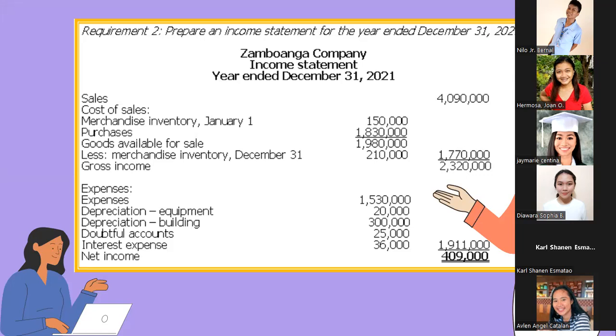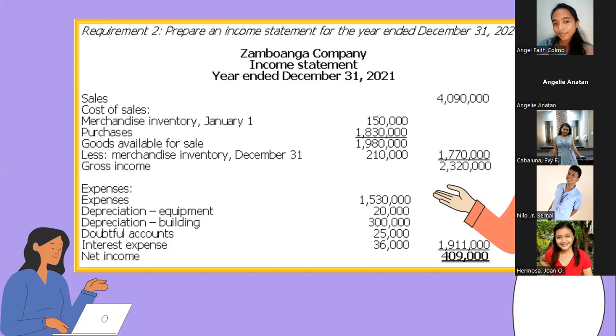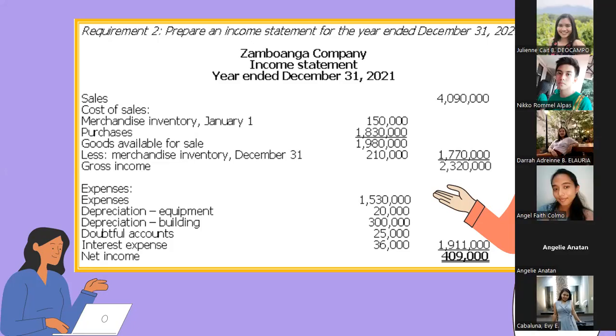Normally, in Accounting 1101, what is your entry in recording depreciation expense? Normally, in recording depreciation, we debit depreciation expense and credit accumulated depreciation account, ma'am.